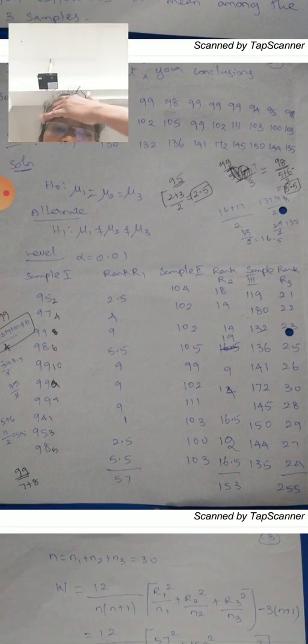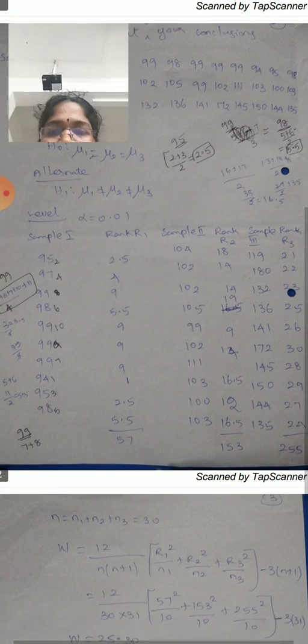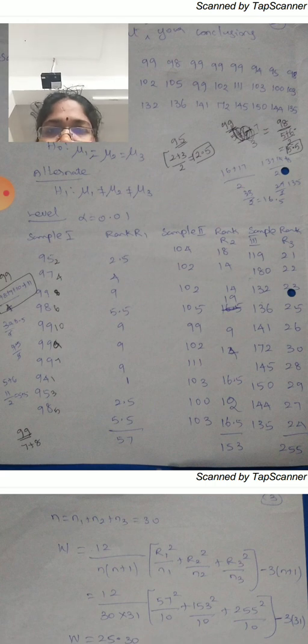In ascending order, the first value is 94, we put rank 1, and the next value is 95.